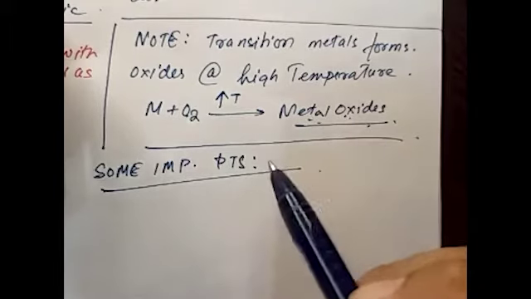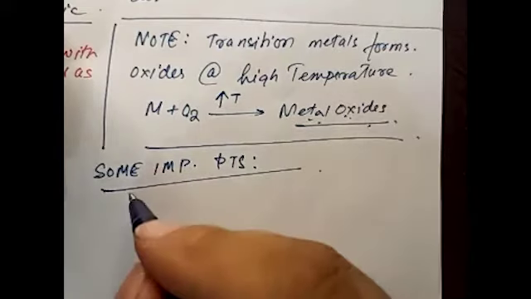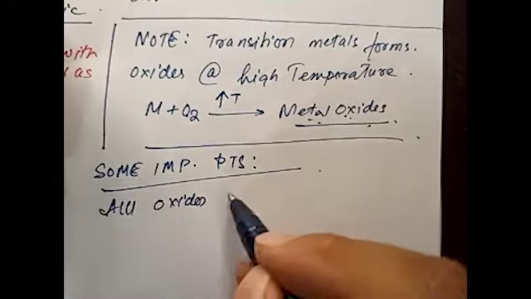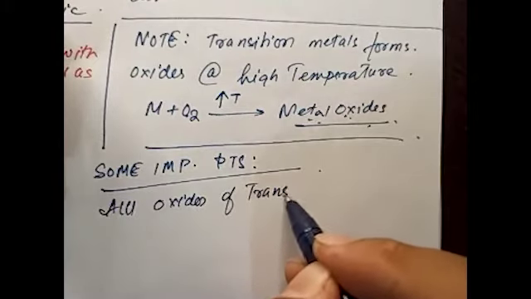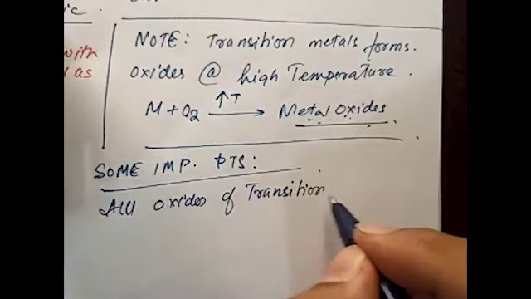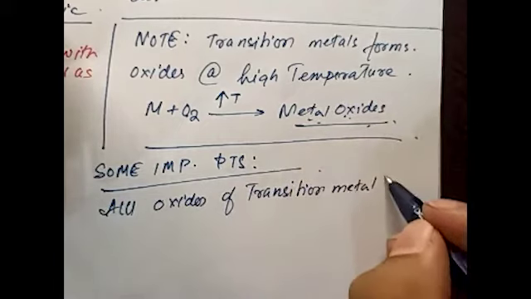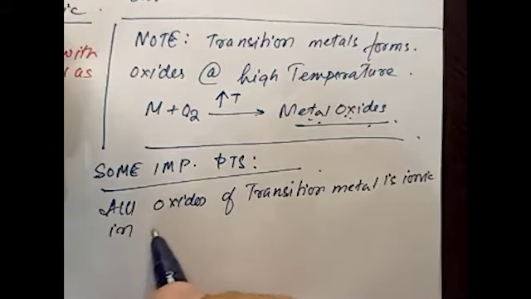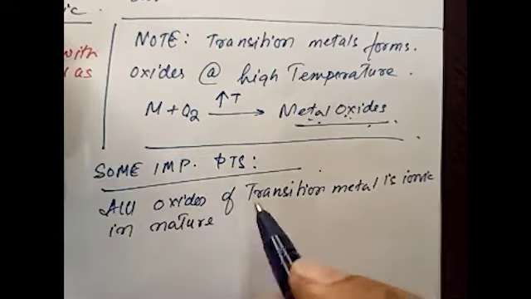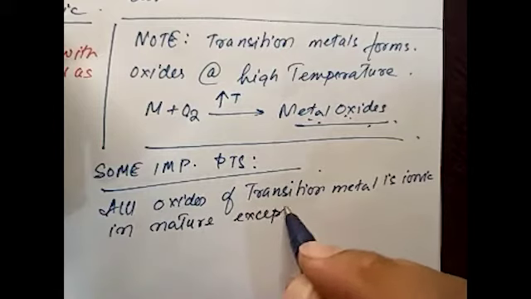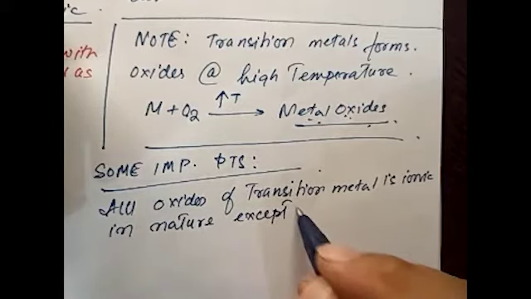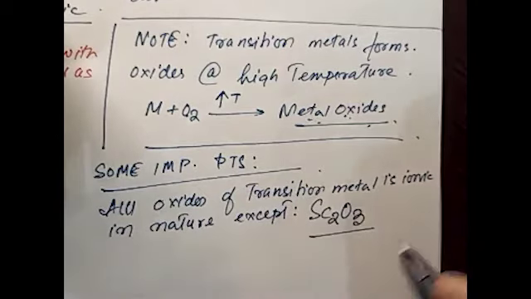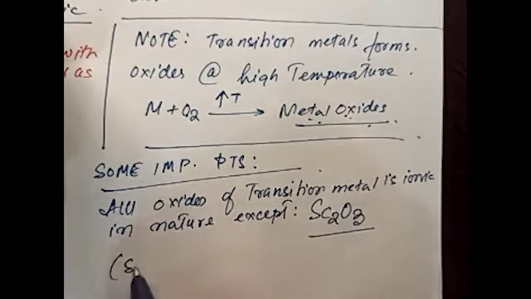All oxides of transition metals are ionic in nature, except whom? Except scandium oxide, Fe2O3.